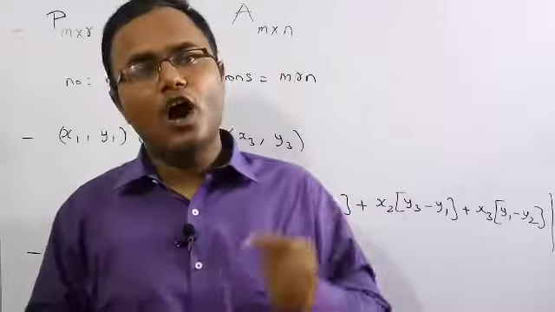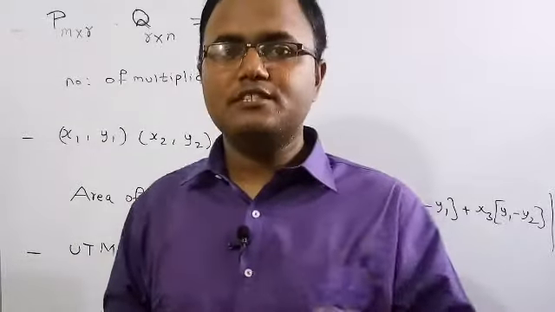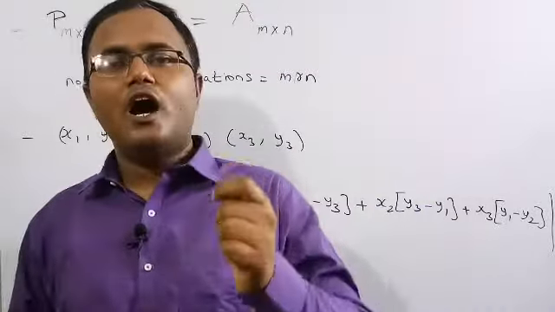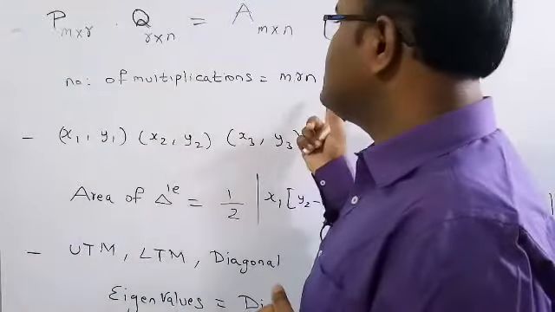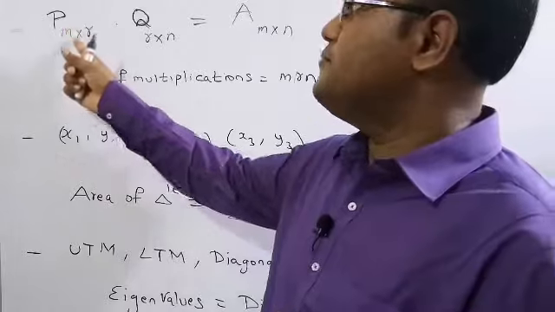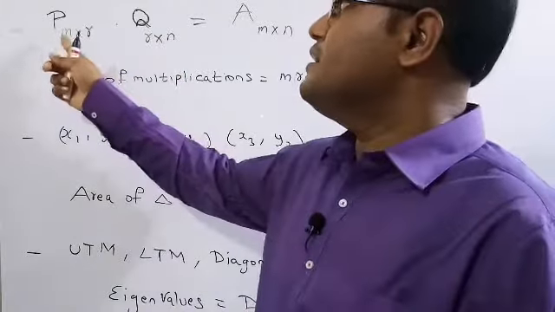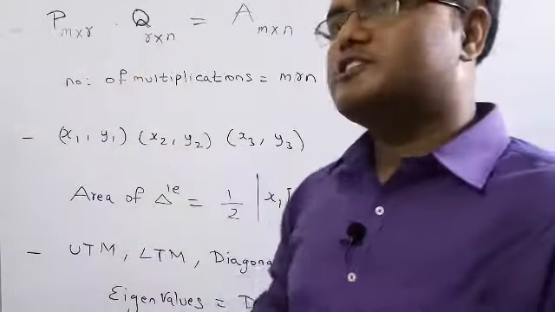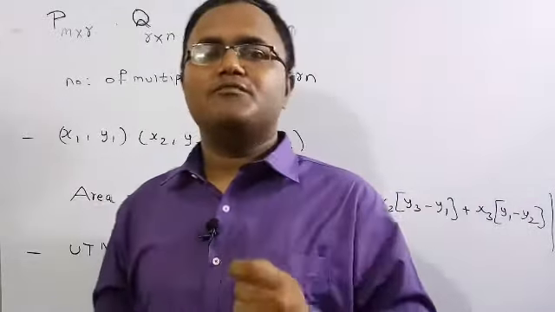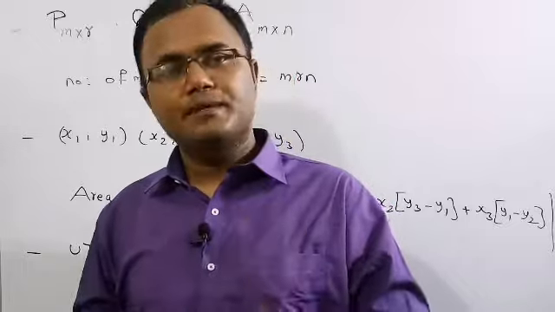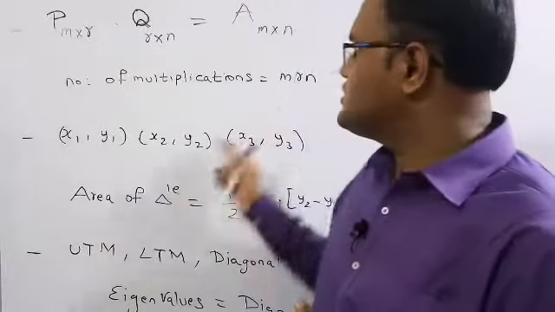If he is asking how many multiplications there are in this product, it is M into R into N. Just do M R N, because R is common, right? M R N gives the number of multiplications present in this product.